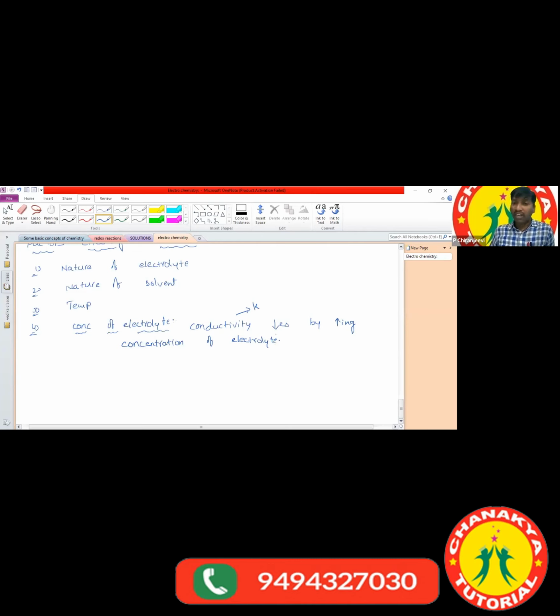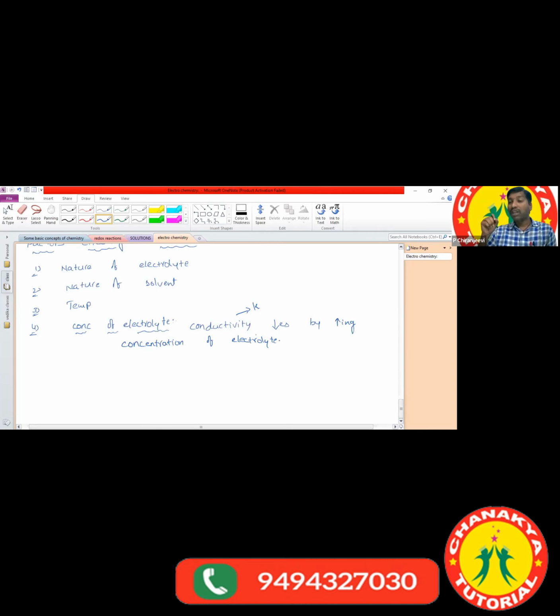Sir, how does it decrease? Conductance depends upon the number of ions in a solution and the mobility of the ions. In specific conductivity, at greater concentration all the ions are very close together, so they cannot move from one place to another.